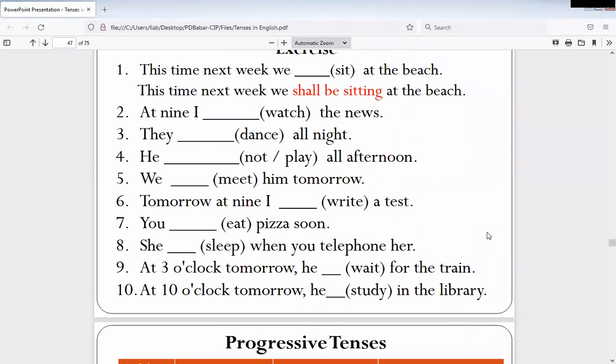I hope that you have written this down in your notebook.